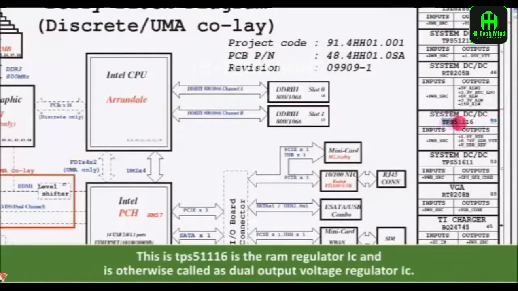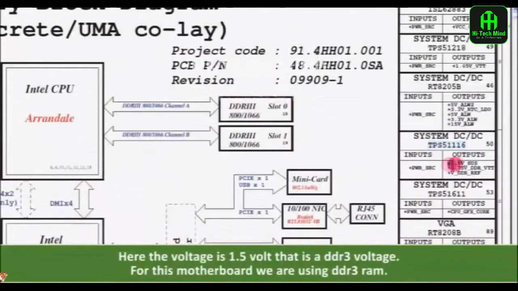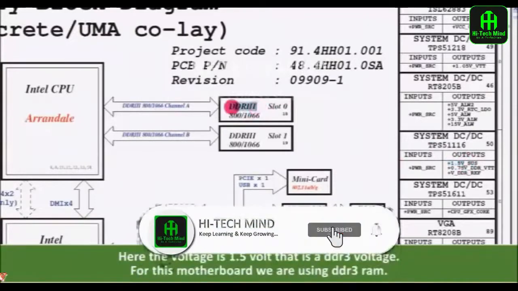This is TPS 5116, the RAM regulator IC, otherwise called a dual output voltage regulator IC. Here the voltage is 1.5 volt, which is the DDR3 voltage. For this motherboard we are using DDR3 RAM.